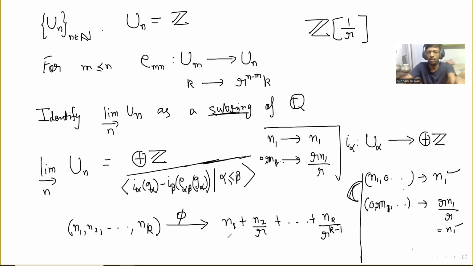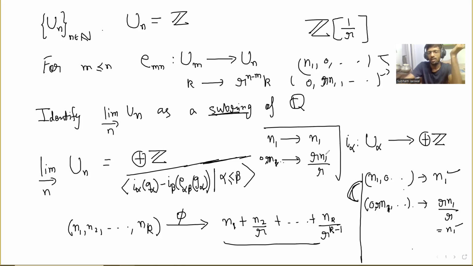So then you would get this if you just try to make it a well-defined map. Basically, if you try to send n1 0 0 0 and 0 whatever rn2 or rn1 to the same place, then you will end up with this map. Anyways, it's the same thing.